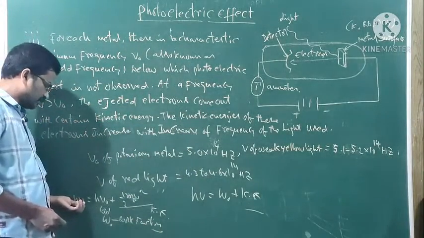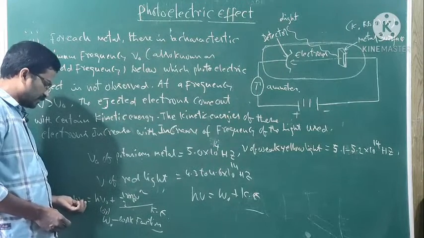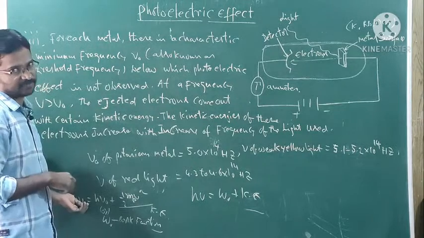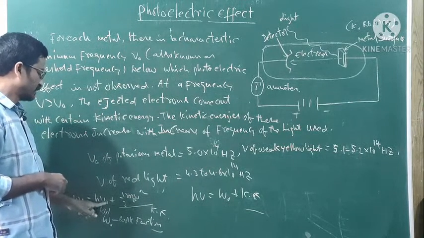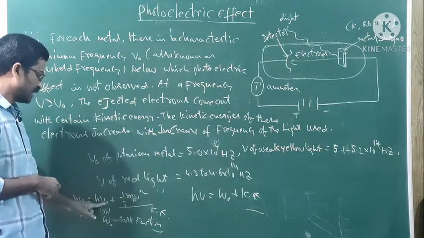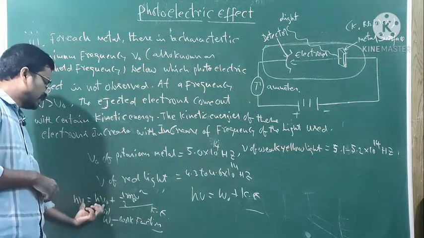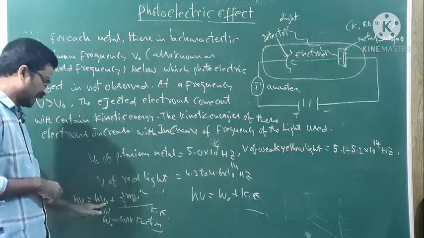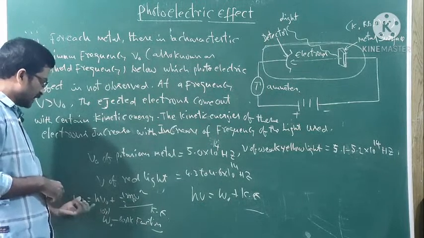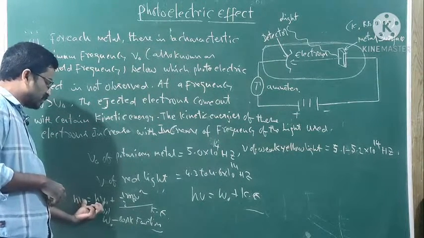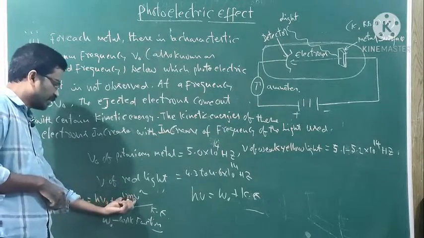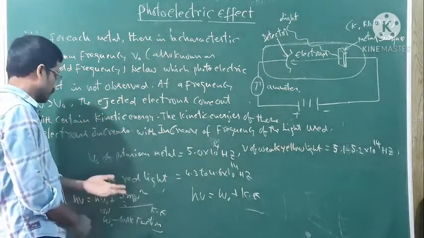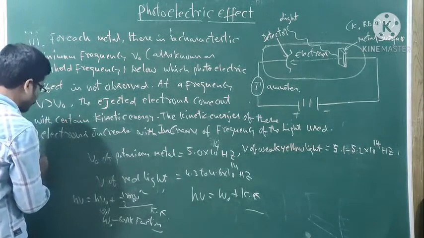Whenever light falls on a certain metal surface, only if this frequency is greater than the threshold frequency does ejection of electrons take place. The difference of these two energies gets converted into kinetic energy.